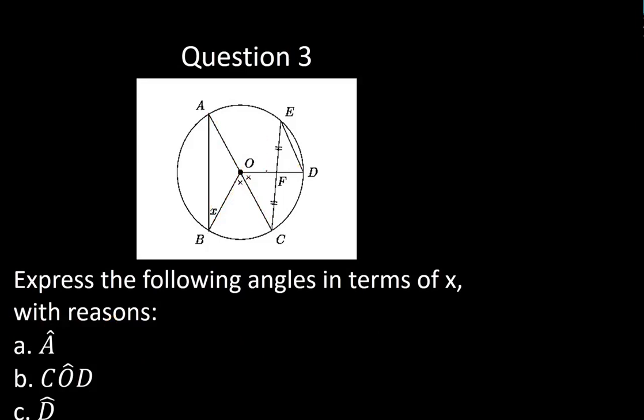Angle OFE is equal to 90 degrees by converse of line from center theorem. So therefore, and I'm not writing it all down, I am speaking it, so please make notes as you go, angle EFD is equal to 90 degrees.